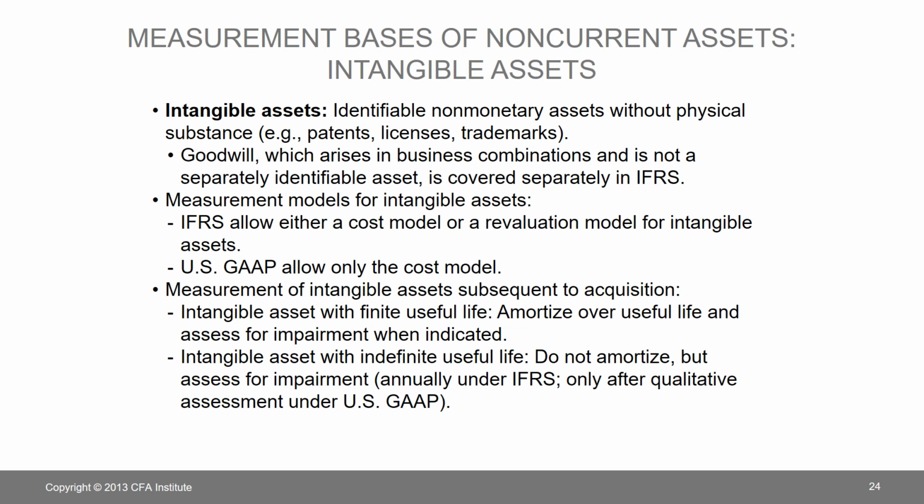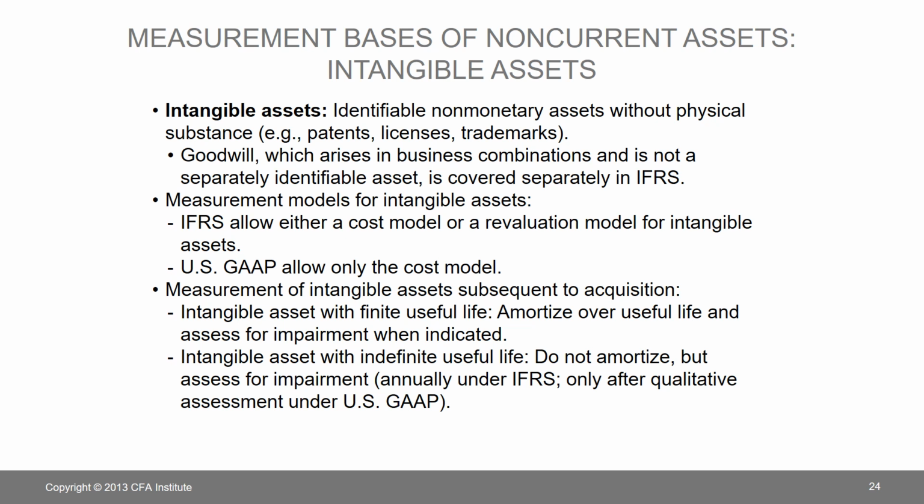Examples also include licenses, which are the exclusive right to perform some activity, typically granted by a government to the purchaser of a license for a limited time, and trademarks, which are basically the right to a word, name, symbol, or device that distinguishes goods and services from those manufactured or sold by others.